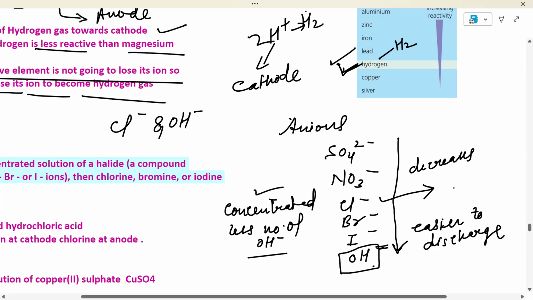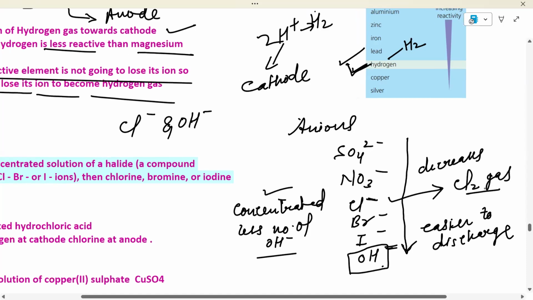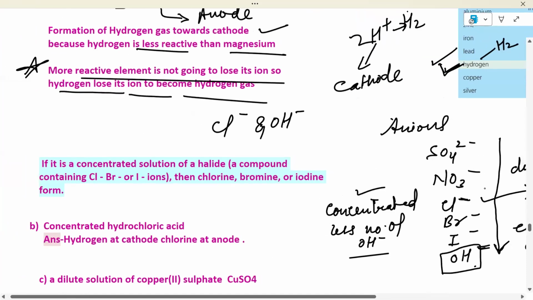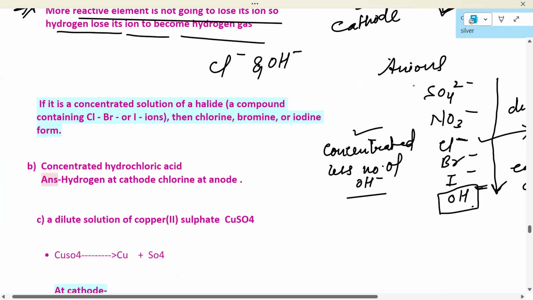Chloride, after losing its charge, will become chlorine gas, right? So who is going to discharge at anode? From in between chloride and hydroxide, chloride will discharge to become chlorine gas.